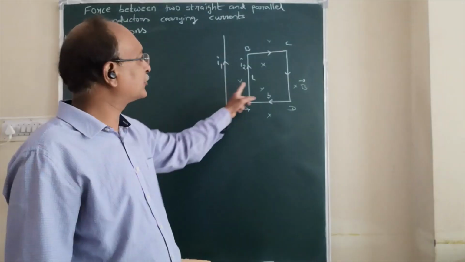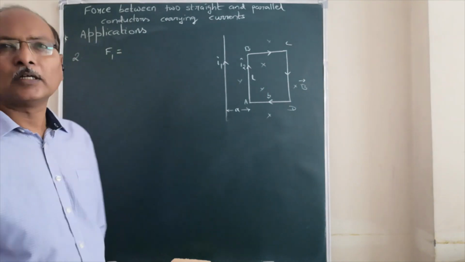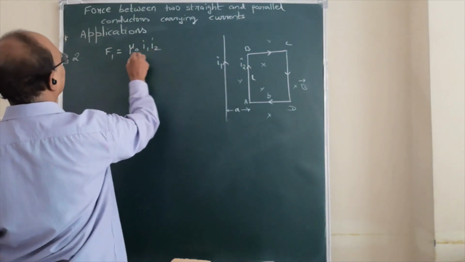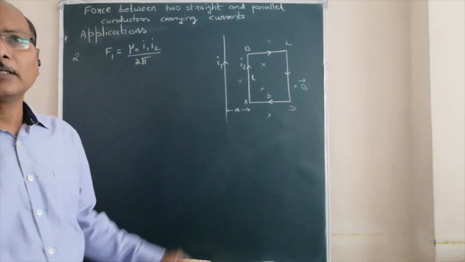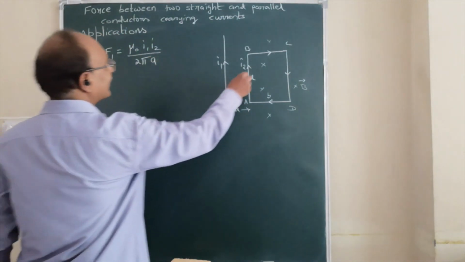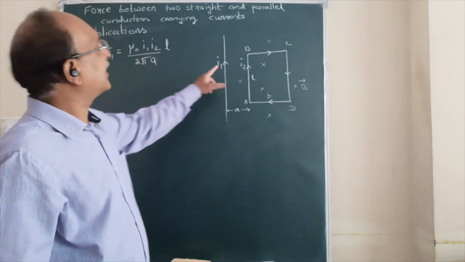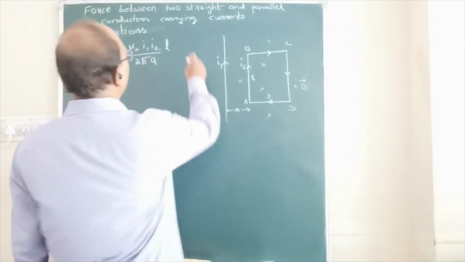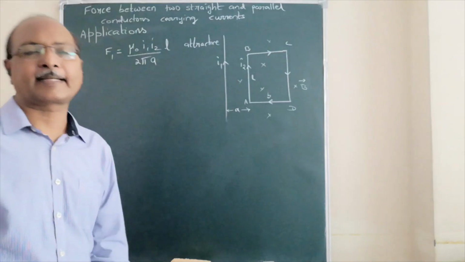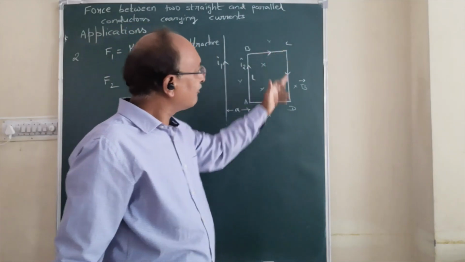So the force between these two will be F1 is equal to mu naught I1 I2 by 2 pi, the distance between the two wires is A, so 2 pi into A, and the length of the conductor is L. Here the currents are in the same direction, therefore the force is attractive.